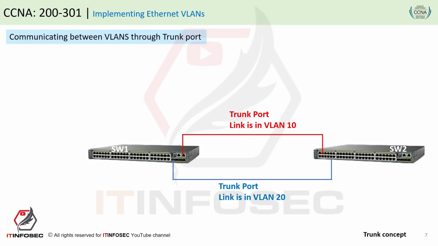The next item is communicating between VLANs through a trunk port. What is the trunk port? Look at this image. This is SW1, switch 1 layer 2, and this is SW2, another layer 2 switch. Some computers are connected to ports of SW1 and some to SW2, and maybe we have some VLANs on this switch and some VLANs on the other.